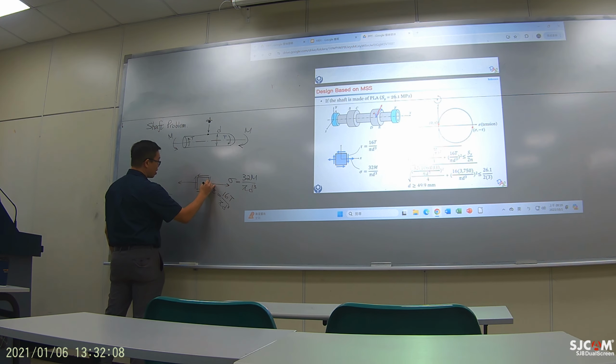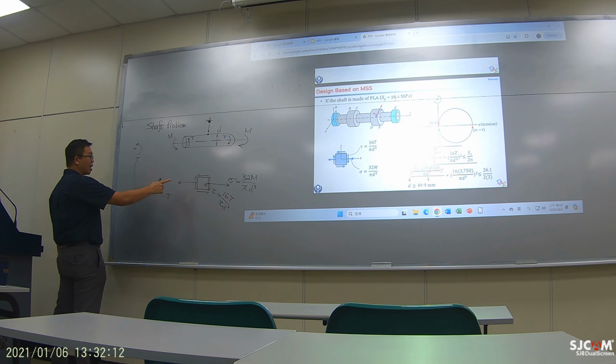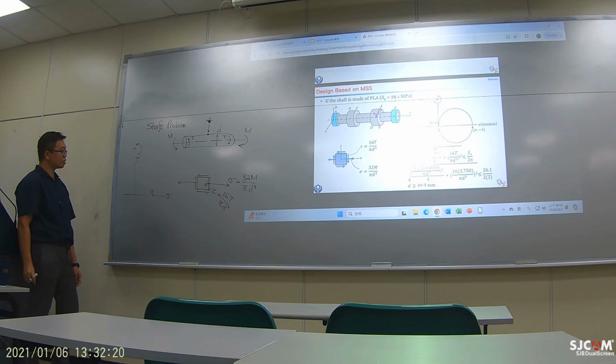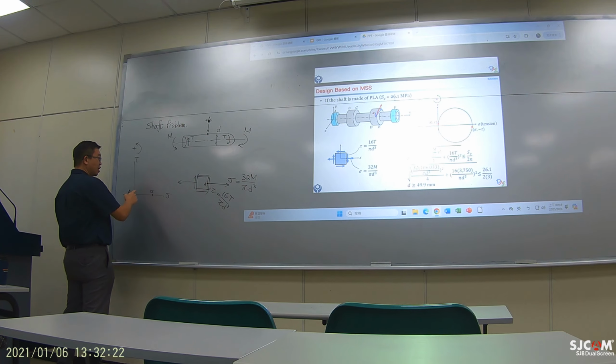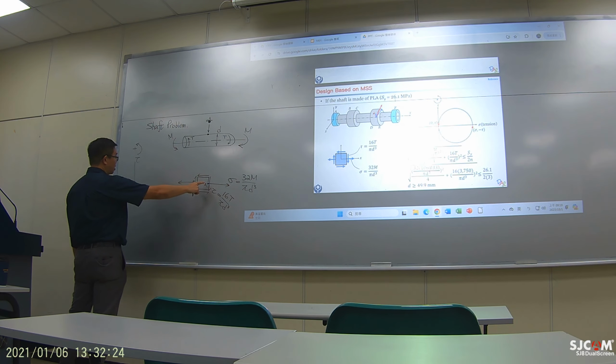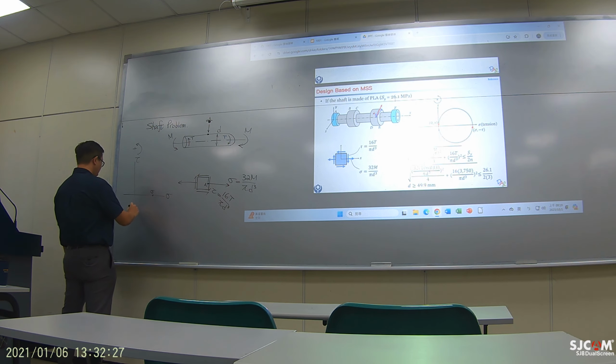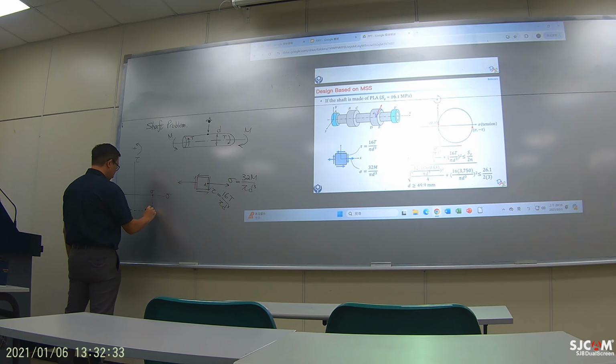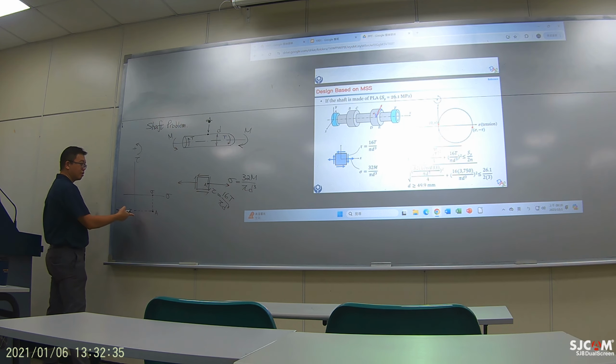If you stay right here, let's say this is point A, it has a positive stress, so here is your positive stress, and then you have a negative shear stress, so right here, negative tau, and that would be your point A right here, right?